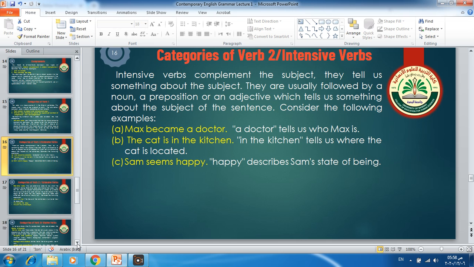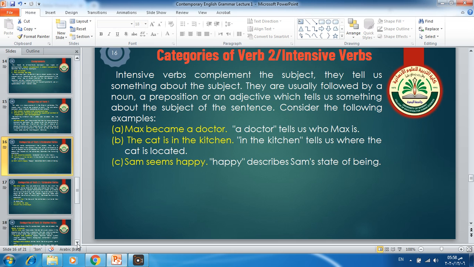The cat is in the kitchen. So, again, the verb is here is an intensive verb, because it shows this kind of intensive relationship between the kitchen and the cat. In the kitchen tells us where the cat is located. So it gives us information about the subject. Sam seems happy. Happy describes Sam's state of being.